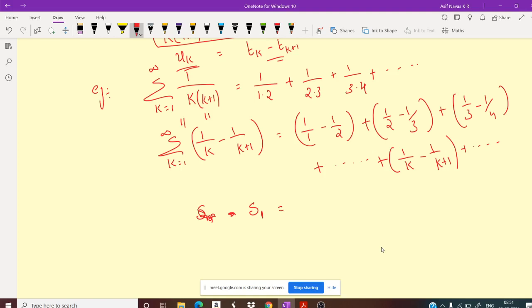So here S1 is the first partial sum, the first term, which is 1 by 1 minus 1 by 2.